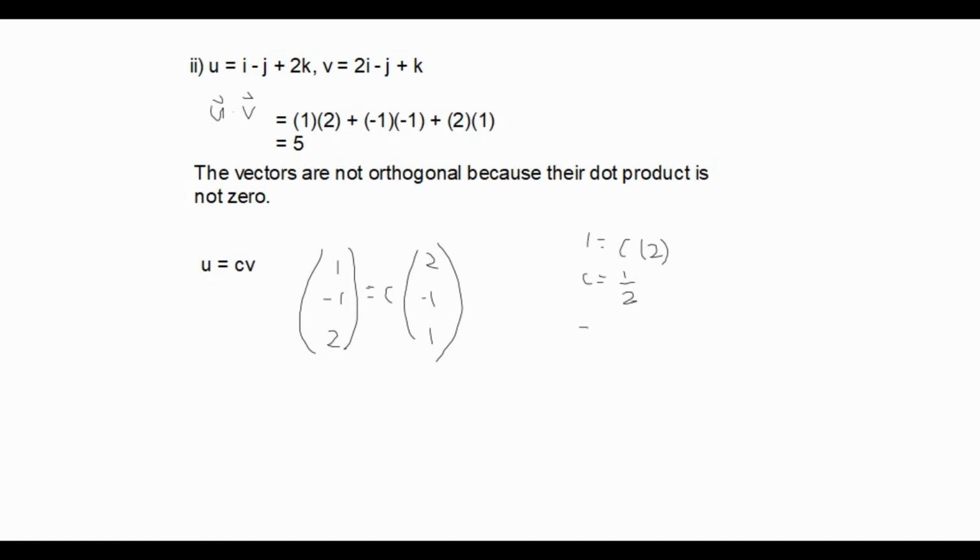And in this one, -1 equals c times -1, so c in this case is 1. From here, we can see that there's no definite answer for c, so the vectors are not parallel.